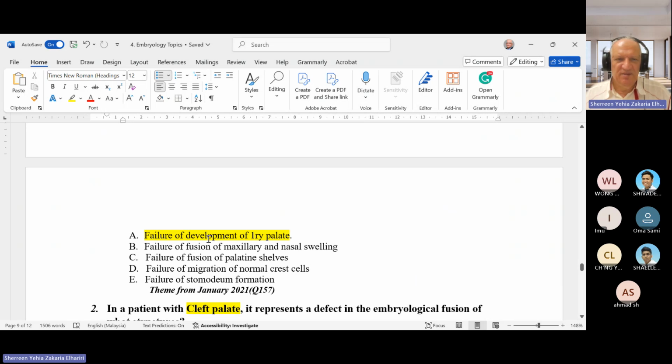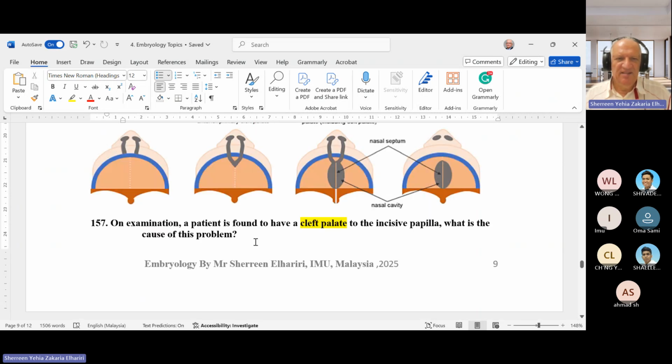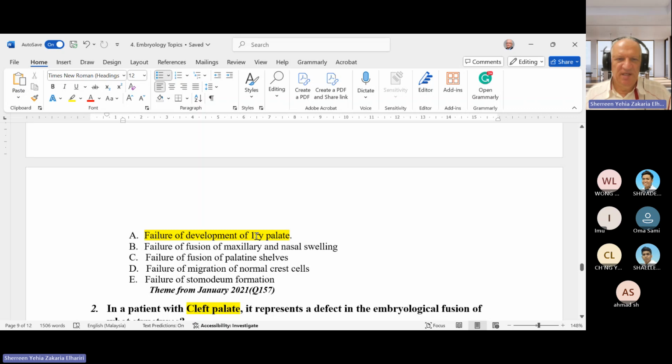So it is a defect or failure of development of the primary plate. Something in this plate, which in the future we call the hard palate, can cause cleft palate. So cleft palate is a failure in this area, in the future we call it the hard palate. So cleft palate is hard palate only, and it is failure of development of the primary plate.